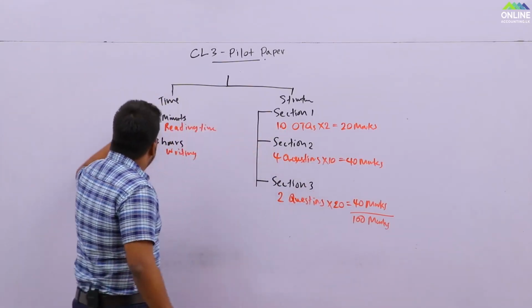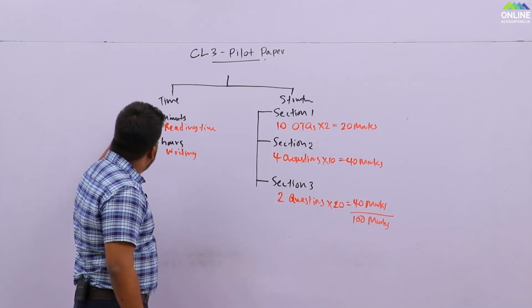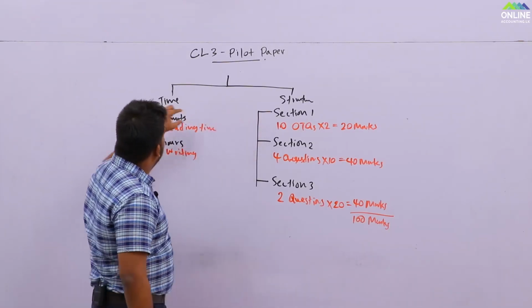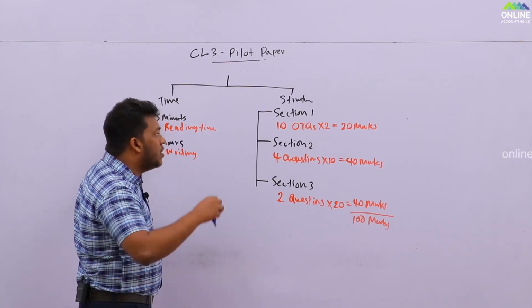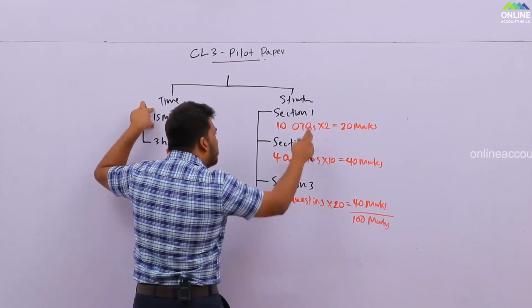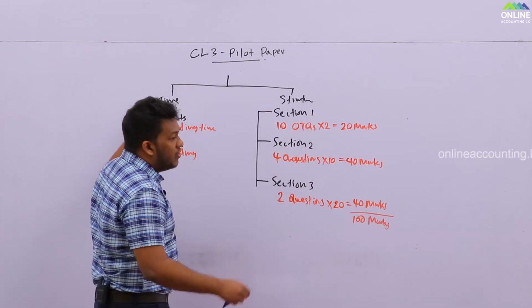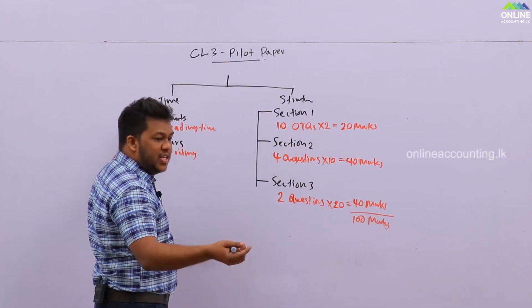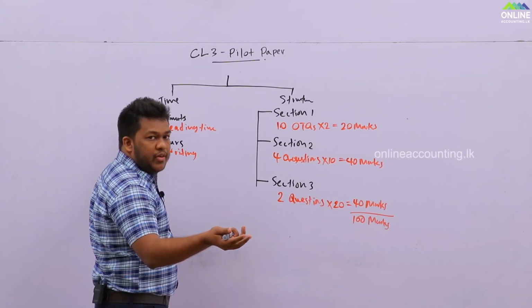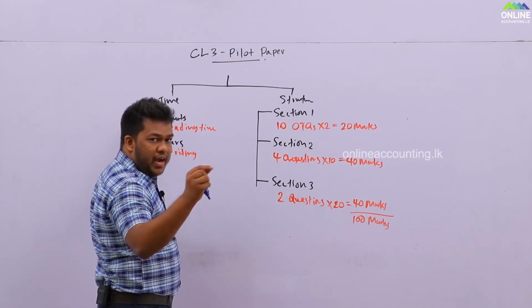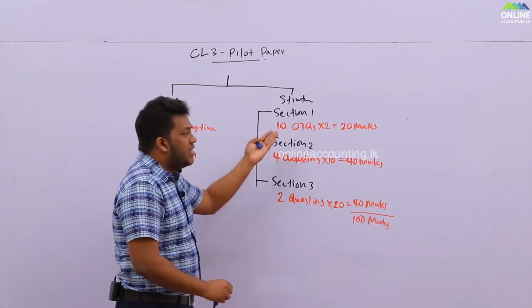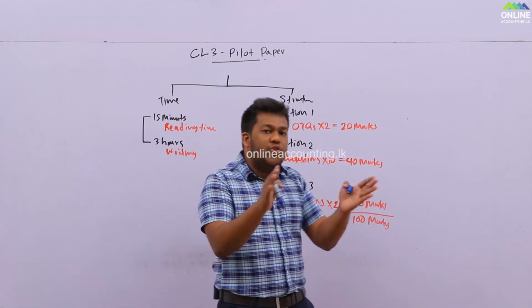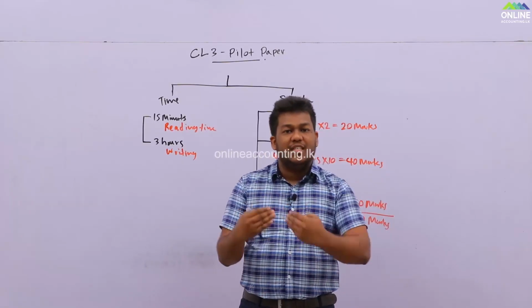So why can't you try those 10 MCQs within 15 minutes? At the reading time, use your full 15 minutes to try these. Even though you don't have an answer sheet, you have the paper. You could get your pen and underline the correct answers. So at least you might be done with 8 to 10 questions once the answer sheet is given.